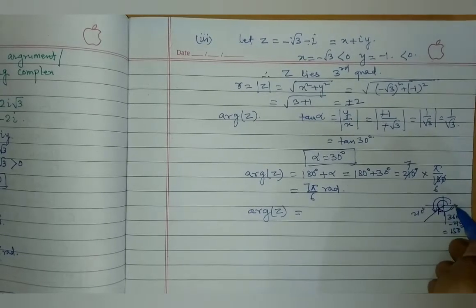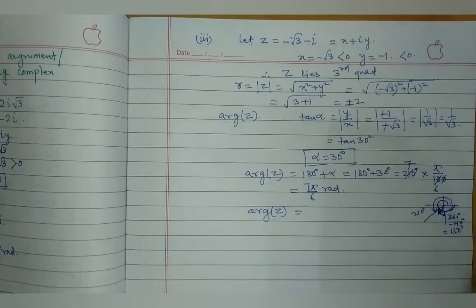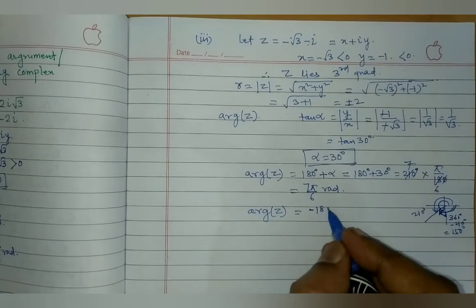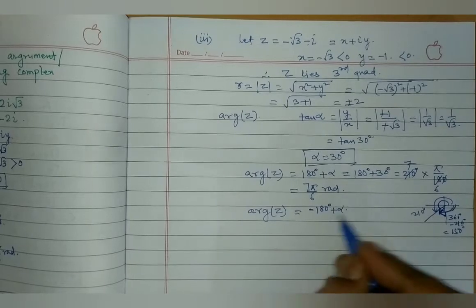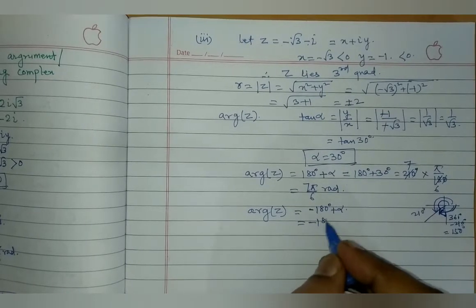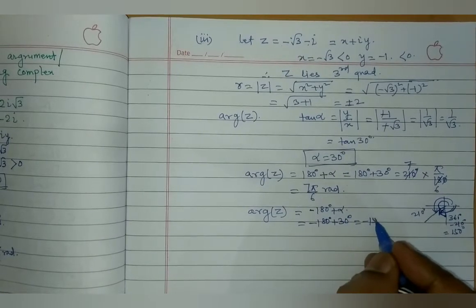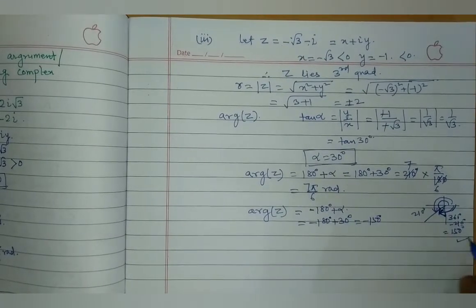But in which direction? In the clockwise direction. So it is equal to minus 180 plus alpha. This is one of the formulas: minus 180 plus 30. So it is minus 150.